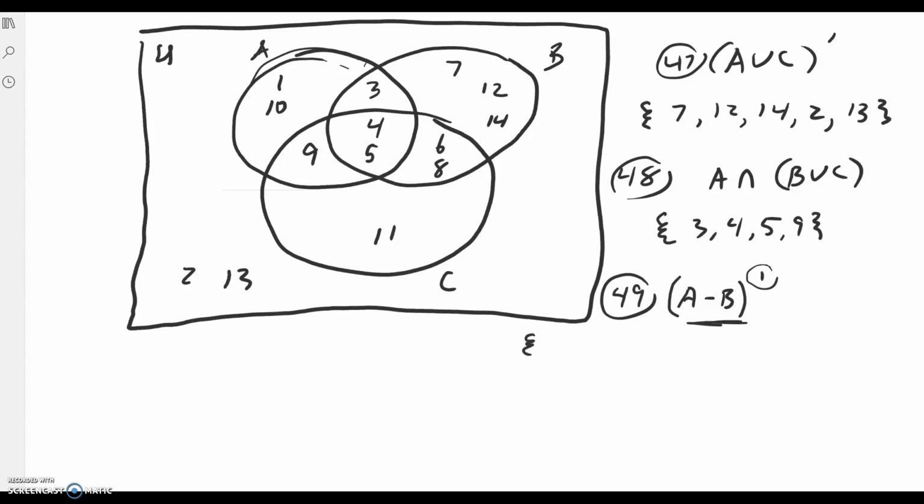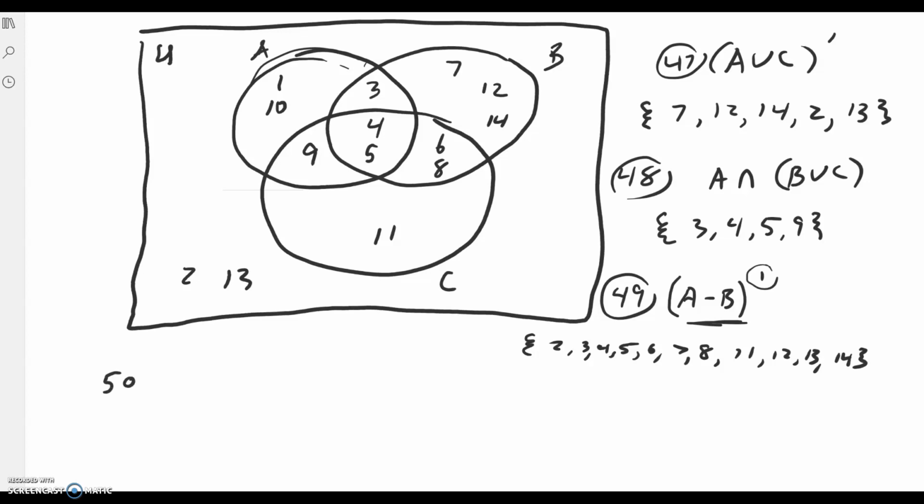That means we want everything that's in the universe except 1, 10, and 9. So 2, 3, 4, 5, 6, 7, 8. 9, 10 are not in it. 11, 12, 13, 14. So it's all the numbers from 1 to 14 except 1, 10, and 9.